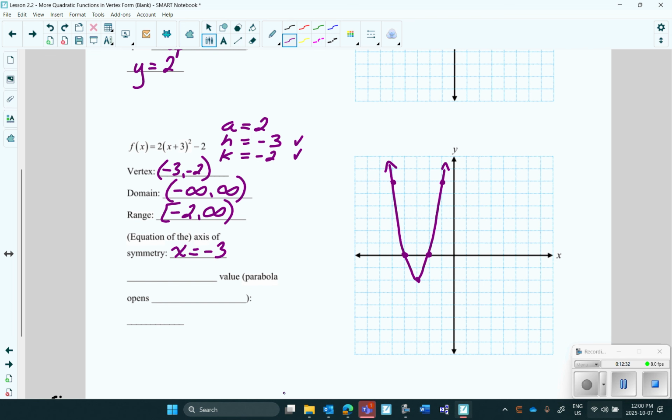Minimum or maximum? Minimum. I'll just put min because it opens up. Where? Perfect.